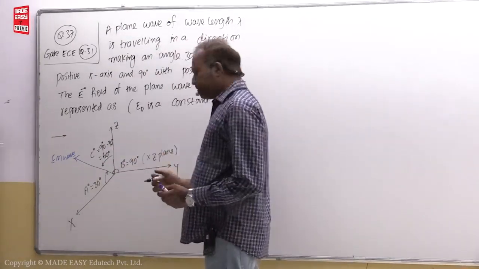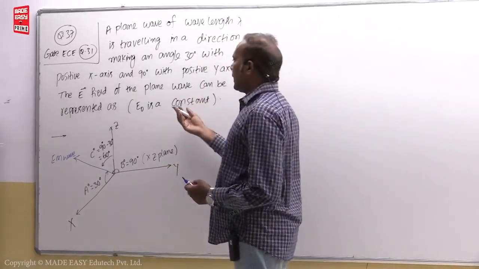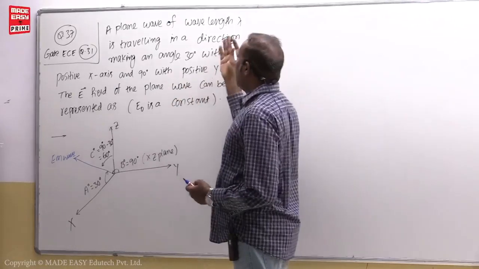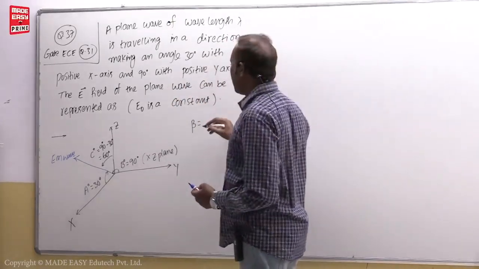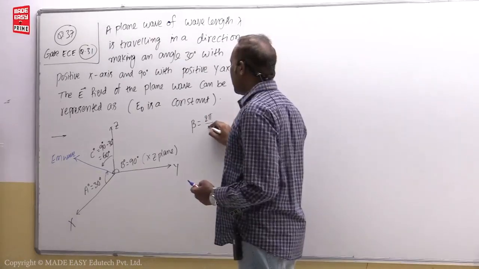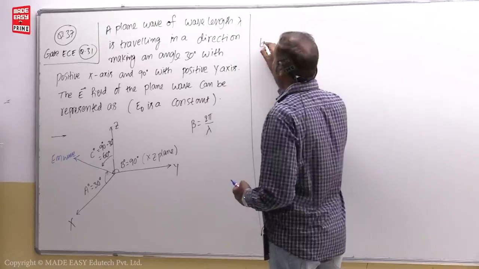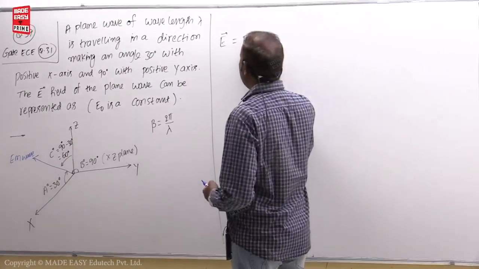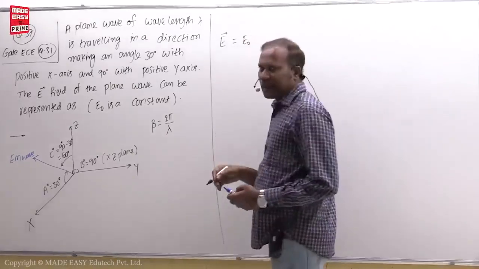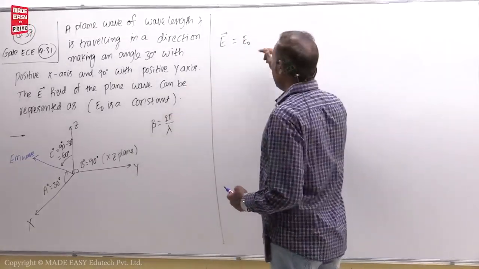Now if you know the angles, then you can write the electric field equation. Lambda is given, so he is expecting the answer in terms of lambda. So beta is equal to 2 pi by lambda. If you write the electric field equation in phasor form, it is E naught, which is the initial value of the electric field. He has also given that E naught is constant, that means that is the initial value.